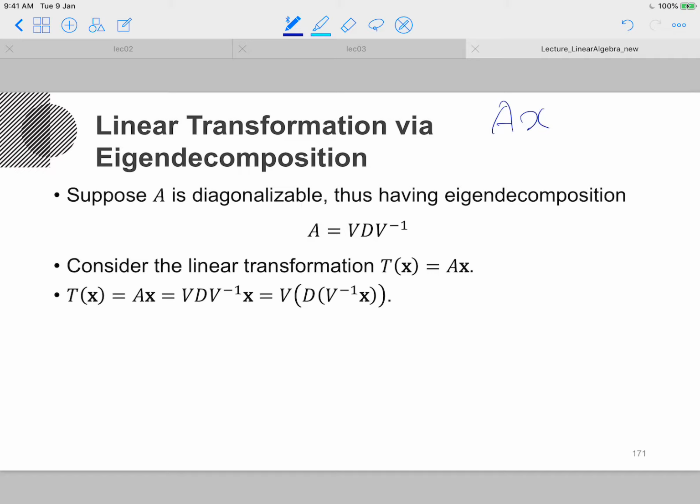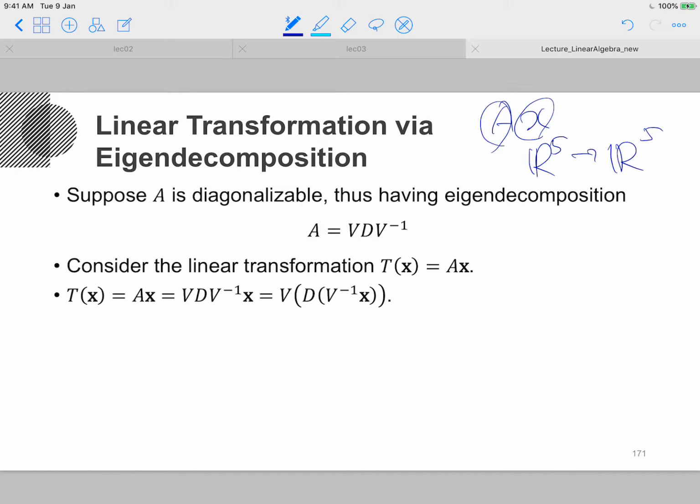So the situation is that A has eigen decomposition, and now we view this matrix A as the transforming matrix of a given vector X. Okay, so if A is a 5 by 5, it will send a 5-dimensional vector into another 5-dimensional vector.